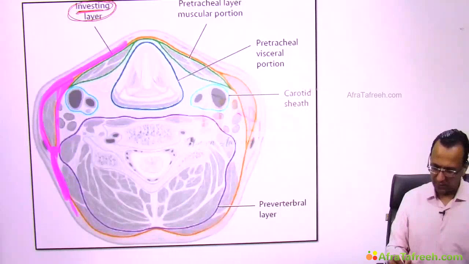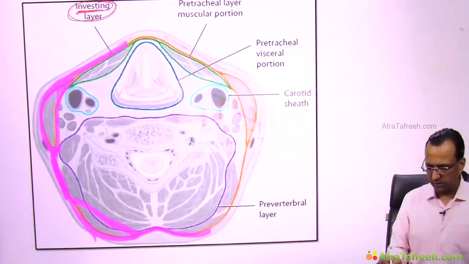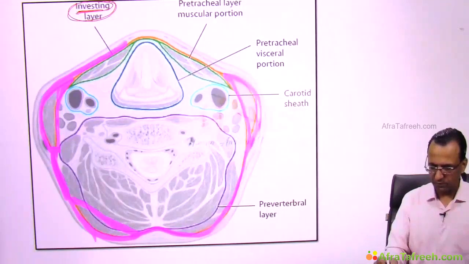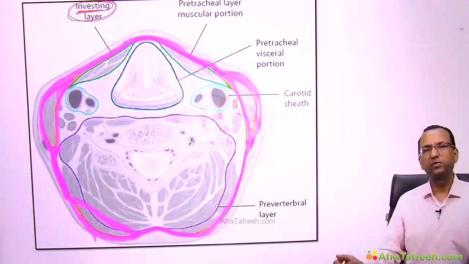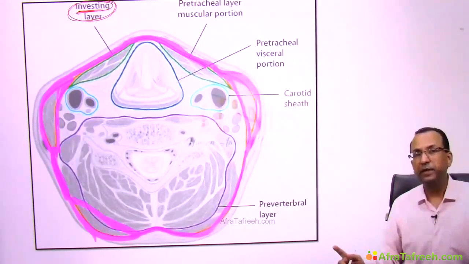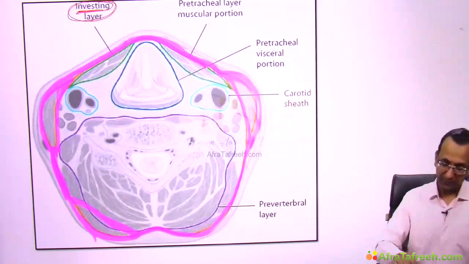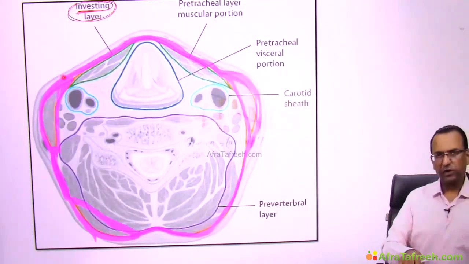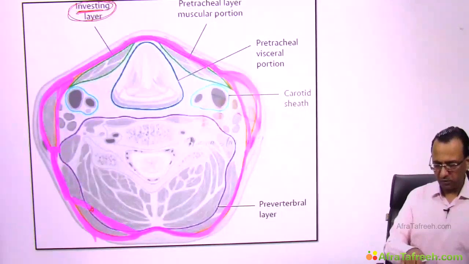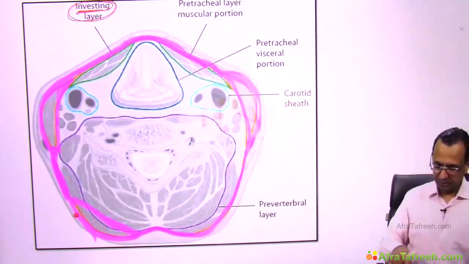Circumferentially going like this, it splits and encloses this muscle and then goes like that. Investing fascia, the most superficial deep cervical fascia, splits and encloses muscles like sternomastoid and trapezius.